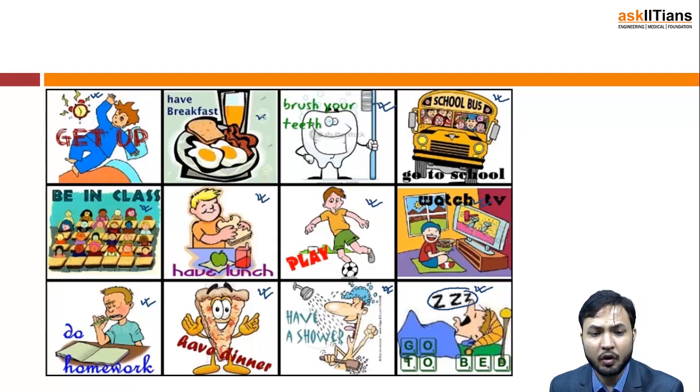Each day it might so happen that in either of these 12 activities stated here, you might take the equivalent amount of time every day, or this time span may increase for particular days. Let's say when your exam times are coming, you reduce your time over here and over here, and this time increases.